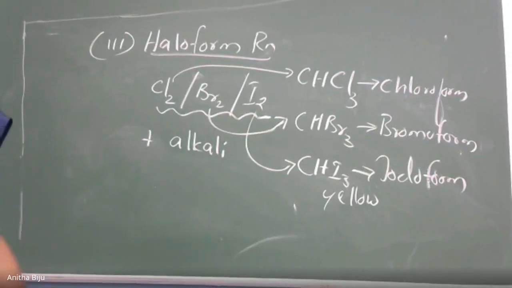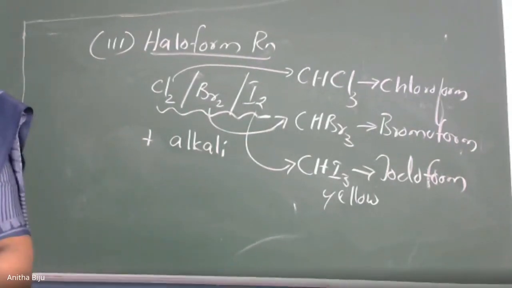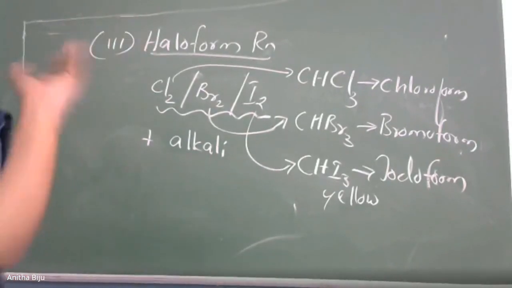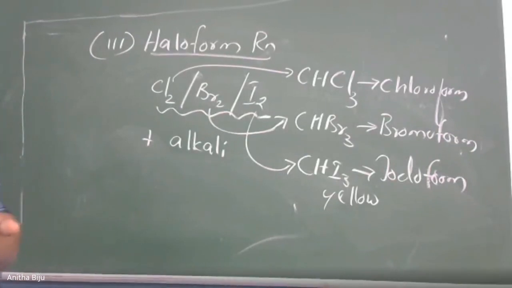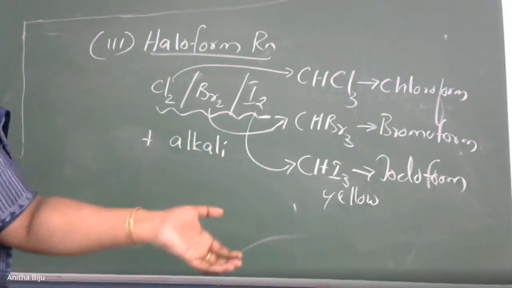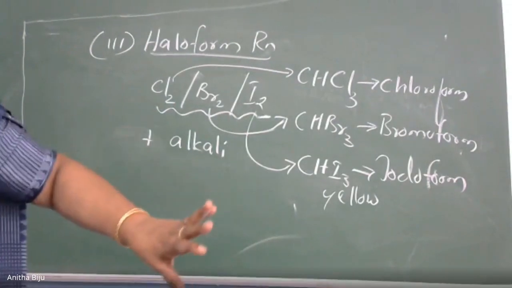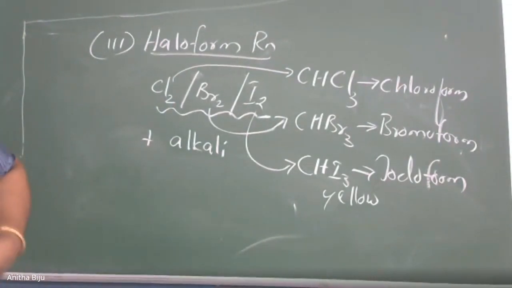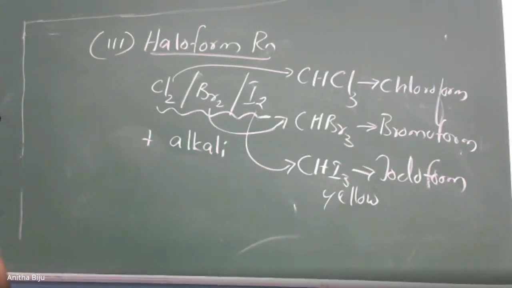If it is iodoform, the color is yellow and it is obtained as a precipitate. Bromoform is not exactly a precipitate, it is in aqueous solution and brown in color. Chloroform is a liquid, but it is not good for health.